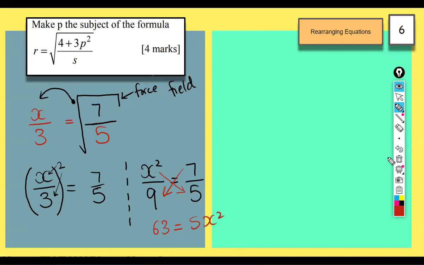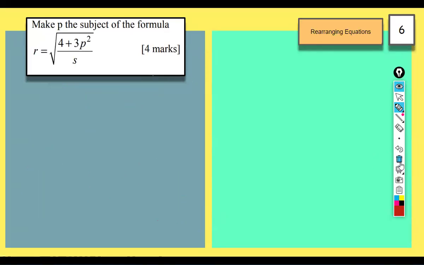The point is, if there's a big square root sign, get rid of the square root sign first. Let's try this here. I want to rewrite this question. Can we cross multiply right now? Because we want to make who the subject? P. So I'm going to write it back here.